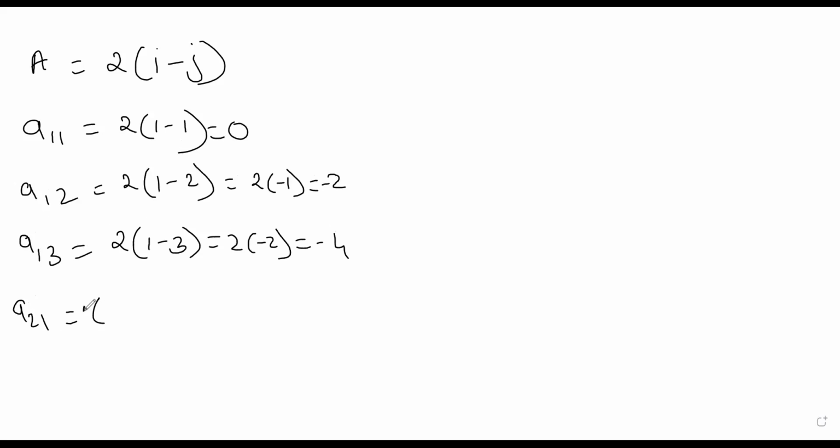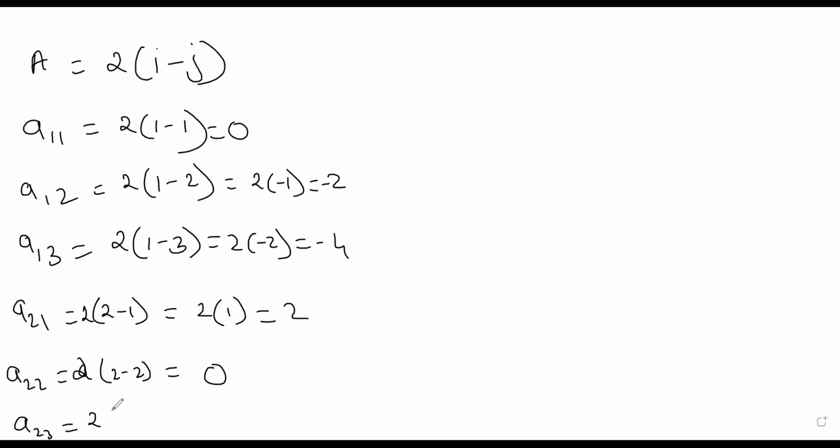A21, 2 into 2 minus 1, 2 into 1, that is 2. A22, 2 into 2 minus 2, that will be 0. A23, 2 into 2 minus 3, so 2 into minus 1, that is minus 2.